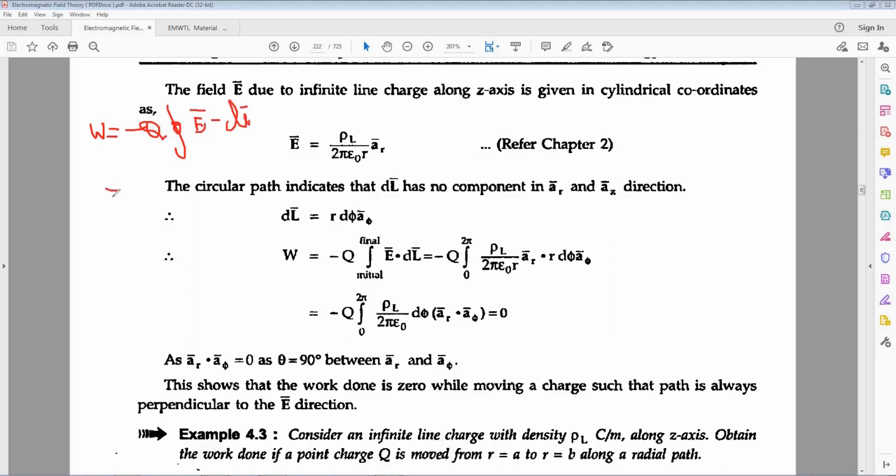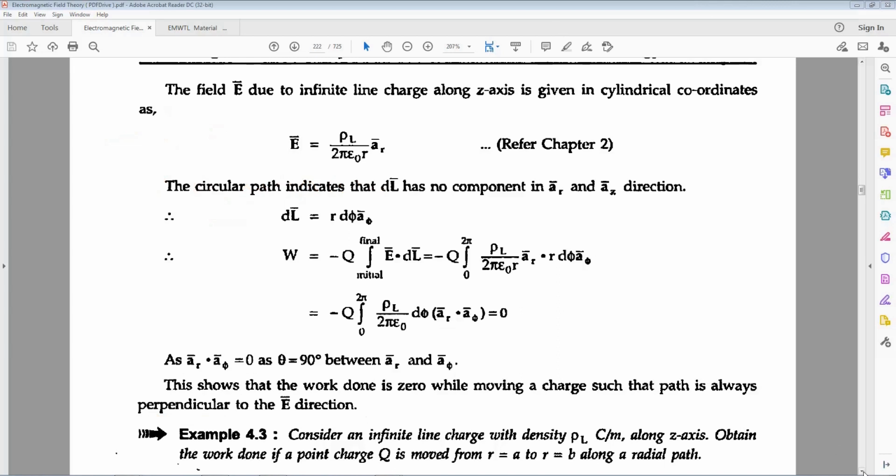The minus Q, the integral of E is rho L by the 2 pi epsilon naught r into a r bar, and the dl bar is r into d phi a phi bar. So the dot product of a r and a phi is nothing but 0. This shows that the work done is 0 while moving a charge such that the path is always perpendicular to the E bar direction. Okay, my dear friends.